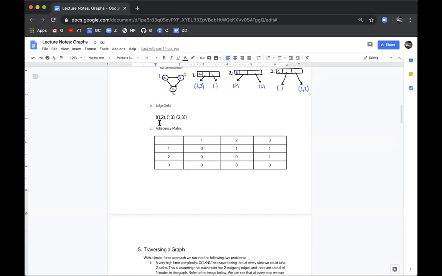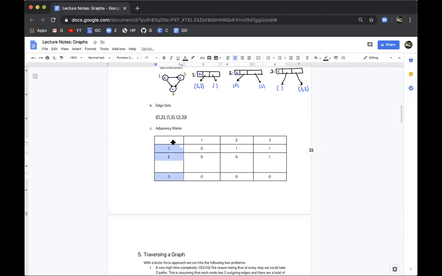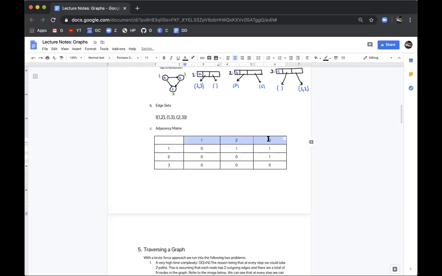And the third is an adjacency matrix representation, which is easier to understand, wherein you would have a row which represents the elements from which a link starts, and a column which represents the elements to which the link goes. So this can be a set of sources, and this can be a set of destinations.